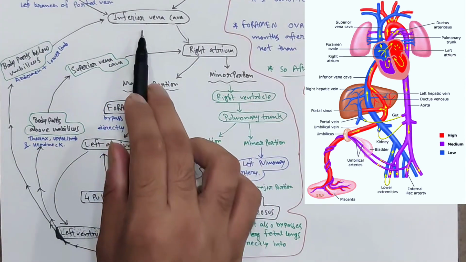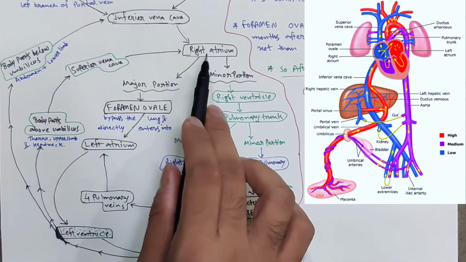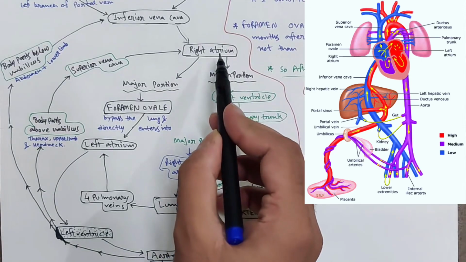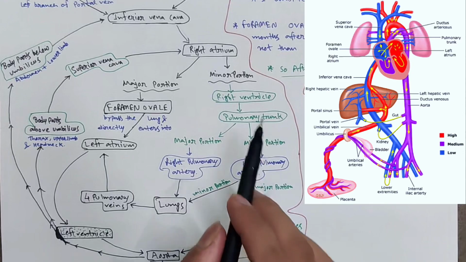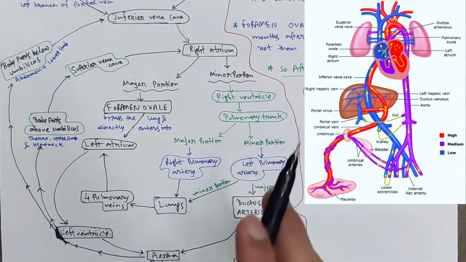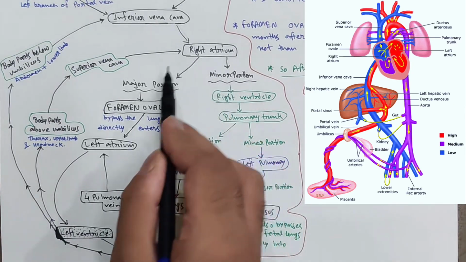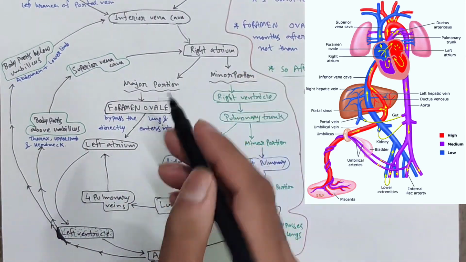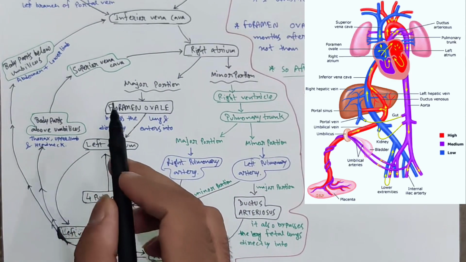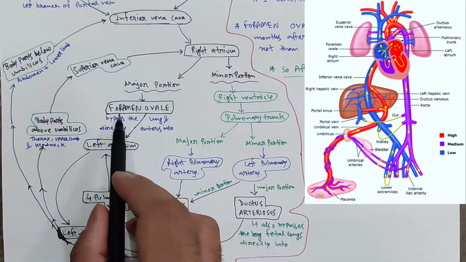From the inferior vena cava, the entire blood goes into the right atrium of the baby. The minor portion or small amount of blood enters into the right ventricle. From the right ventricle, it enters into the pulmonary trunk. And the major portion enters into the left atrium through the foramen ovale. This foramen ovale I already told you about in my last video. Now, what is foramen ovale?